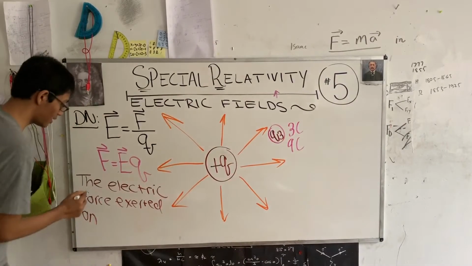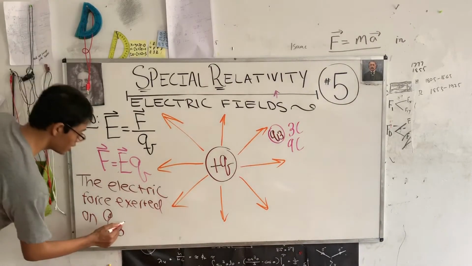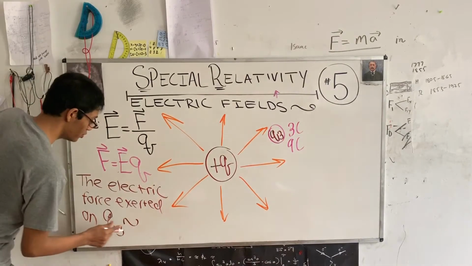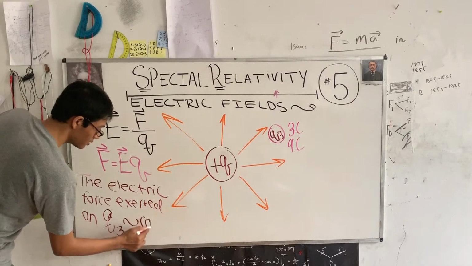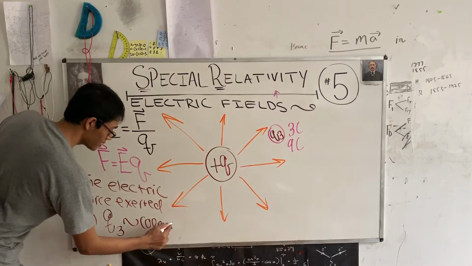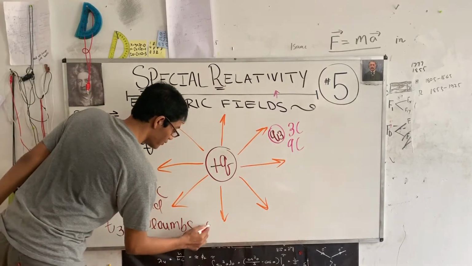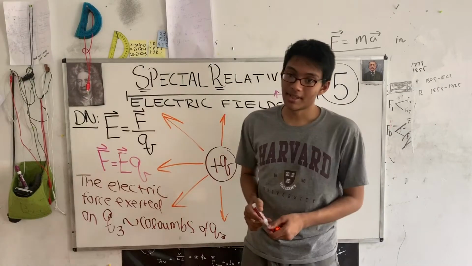Okay? So the electric force exerted on Q3 is going to be proportional to however many coulombs Q3 is. Coulombs of Q3. So hopefully that makes sense.